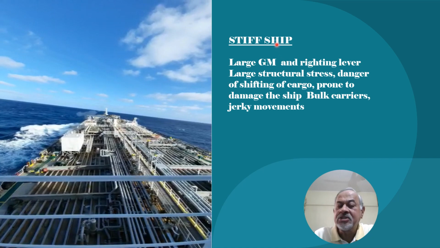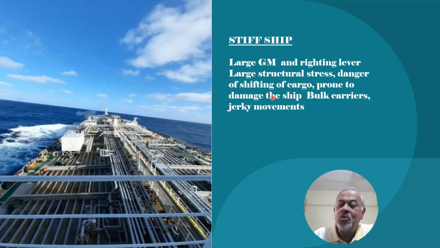And a stiff ship can be prone to damage, and especially bulk carriers have a stiff ship or small period of roll, because whenever bulk carriers are loading heavy cargo, it remains at the bottom with large GM, and that is the reason bulk carriers are provided with shoulder tanks to reduce this period of roll.